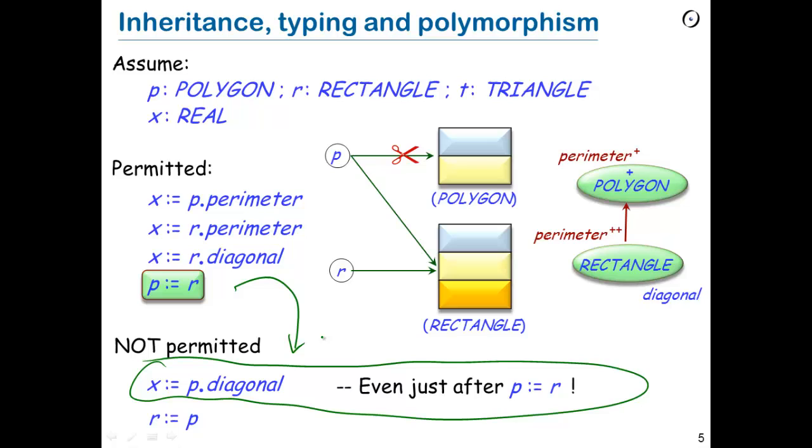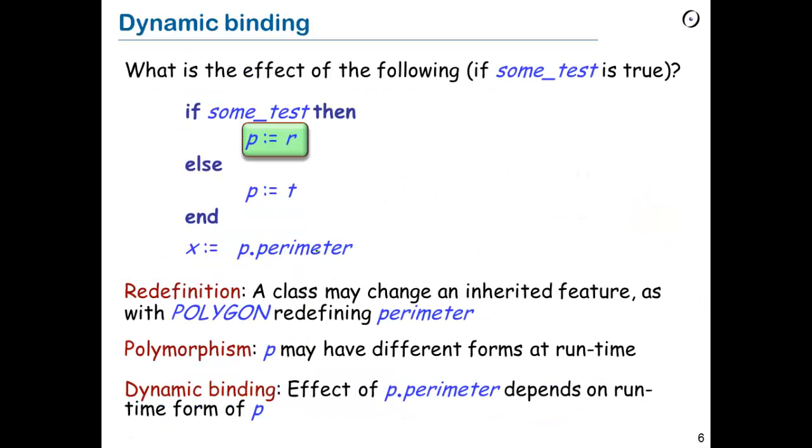So this is the way to look at it, and the guarantee of static typing is that x.f will always be meaningful in the sense that the object attached to x, if any, is going to have a feature for f. The next question is going to lead us to a fundamental mechanism of programming: dynamic binding.